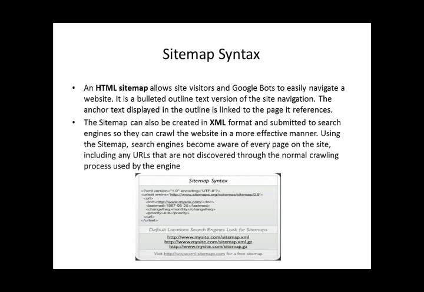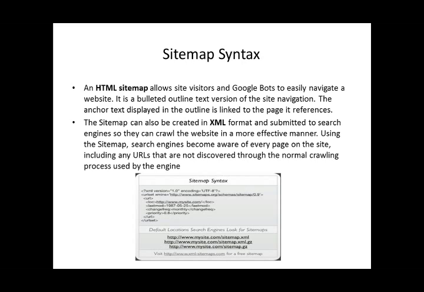So the Google crawler, when it comes to this HTML sitemap, can crawl all the different URLs that have been put categorically in one go. Apart from the HTML sitemap, the other sitemap, which is only important for search bots, is the XML sitemap. There are different online tools available to create this sitemap and submit it to various search engines so that they can crawl the website in a more effective manner.